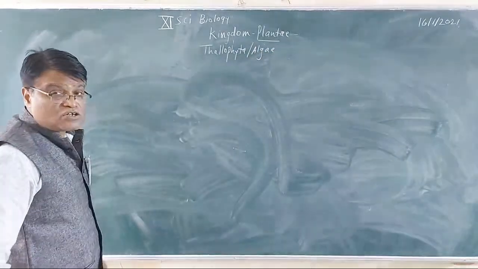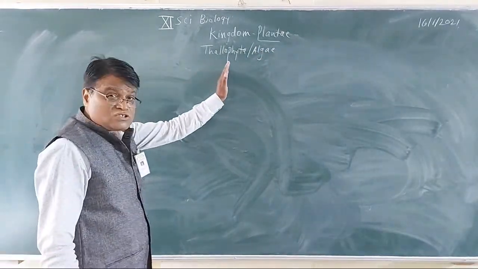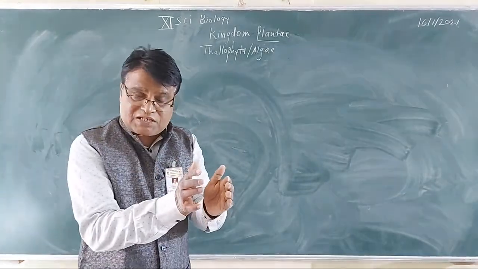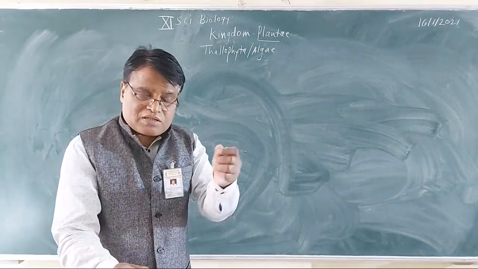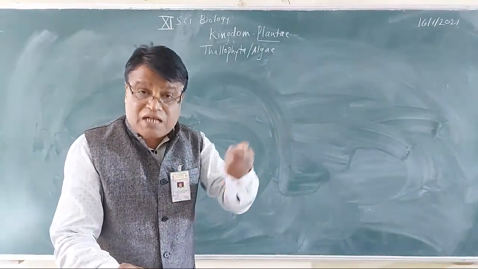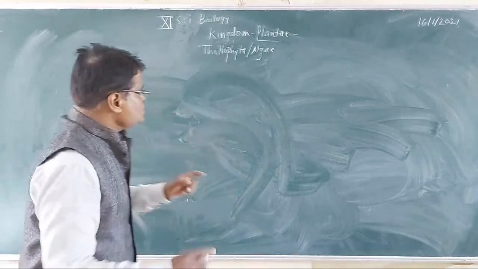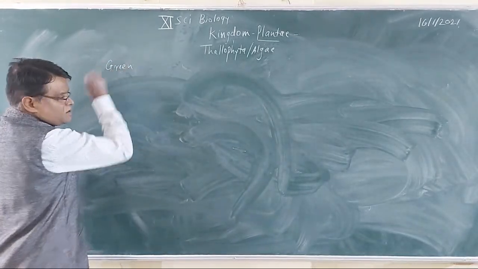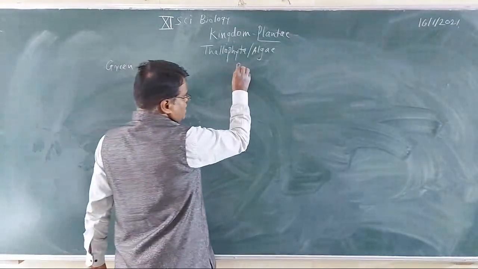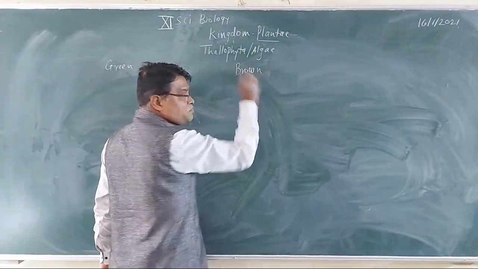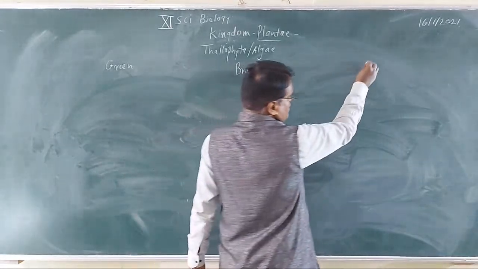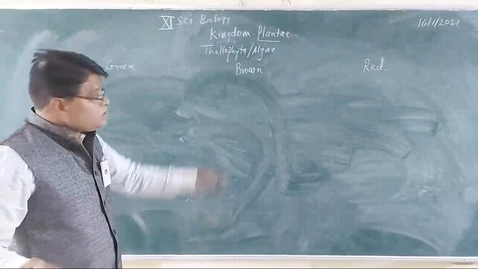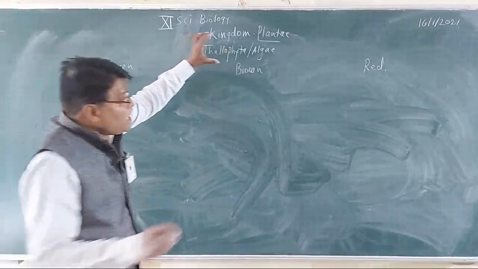Okay, based on pigment. When we make the classification of Thallophyta, we focus on the pigments: the green pigment, the brown pigment or the red pigment. Thallophyta, algae, aquatic.